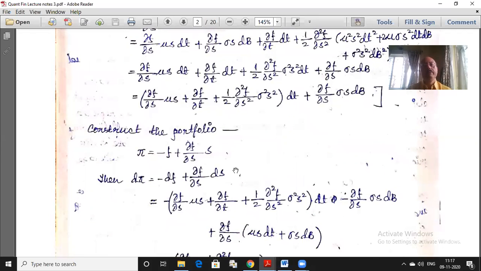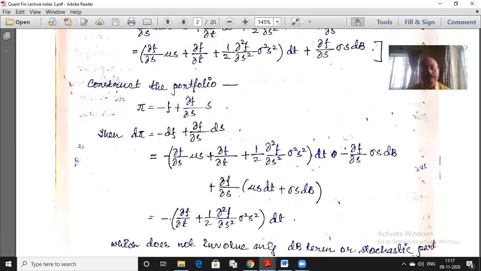And you see, what I have done is, I have chosen the weightage on the stock price in such a way that d pi here does not have a dB component. So if you evaluate d pi explicitly, writing down the expression for df and dS, add things up, you will see that I have chosen this del f del S precisely to cancel out this term here. I want to make this expression free of the dB term.